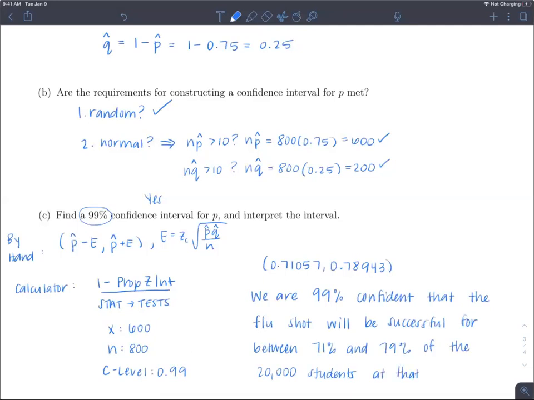The key thing when you're doing these interpretations is that it's for the population.